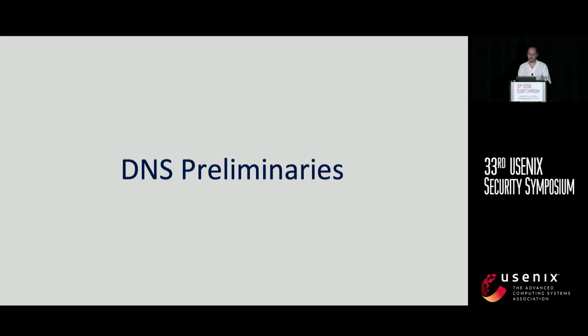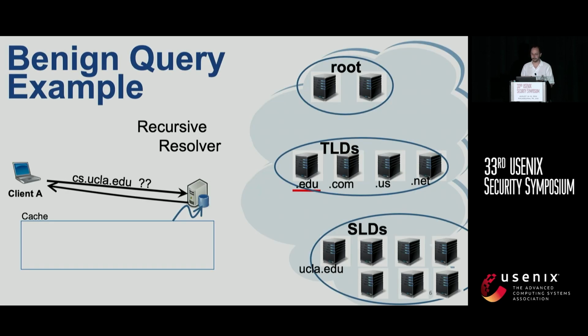So, a few DNS background notes. How does it work when we query a regular domain? The client asks for cs.ucla.edu, and the resolver asks the root servers, which give the IPs of the TLDs' authoritative name servers.